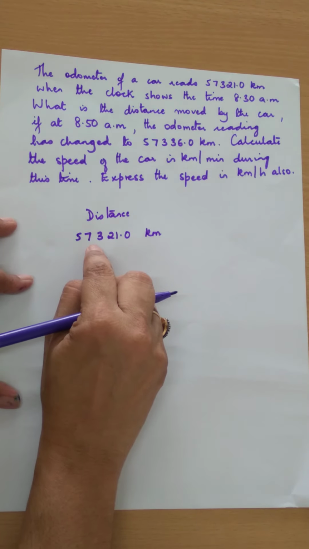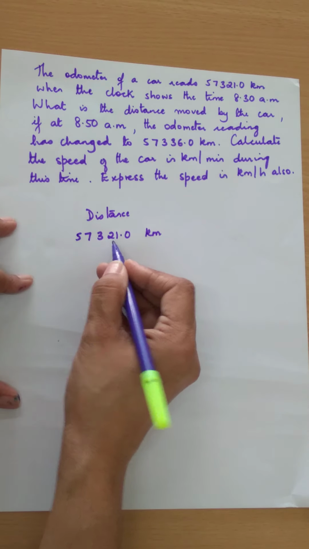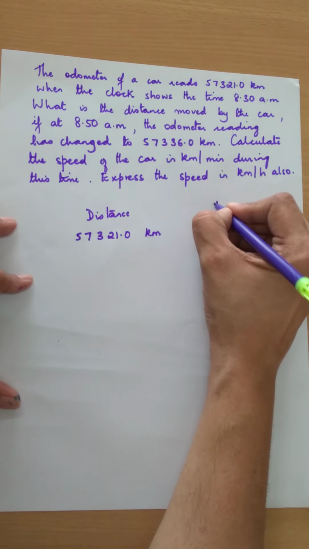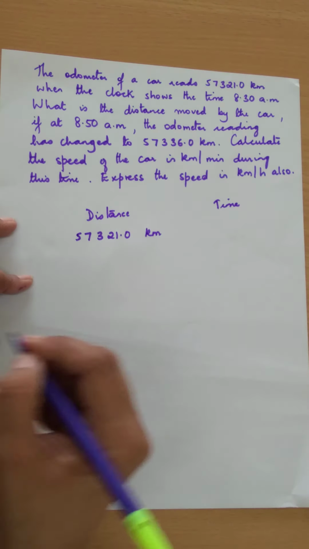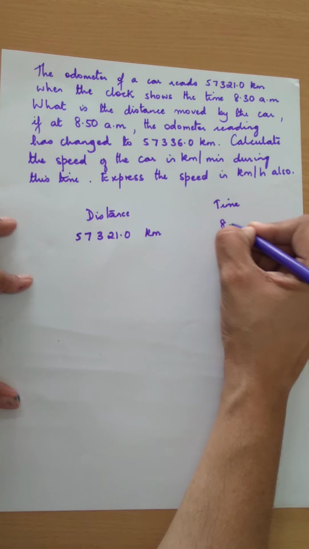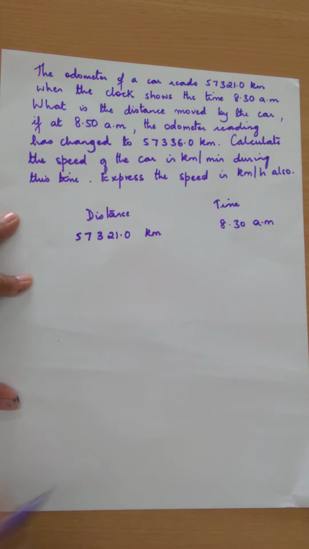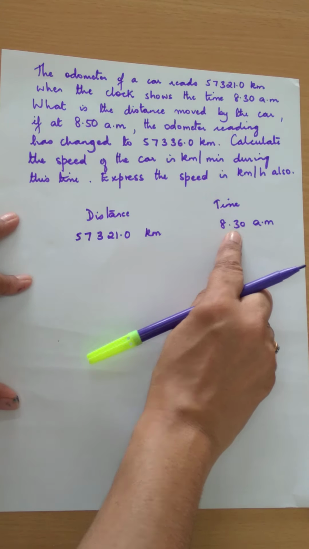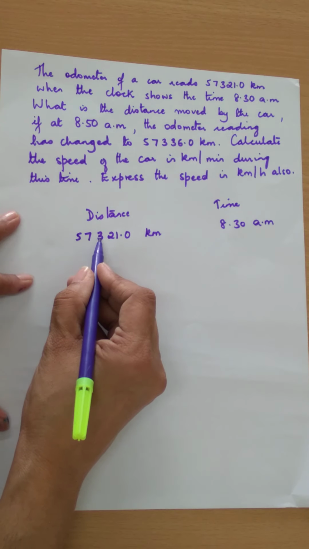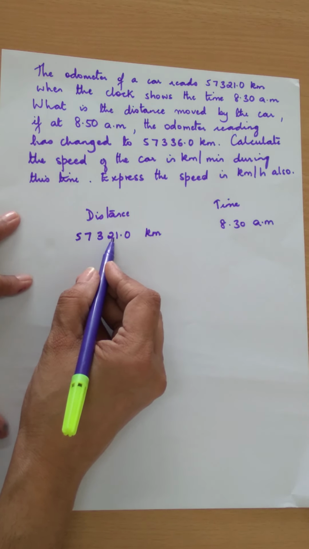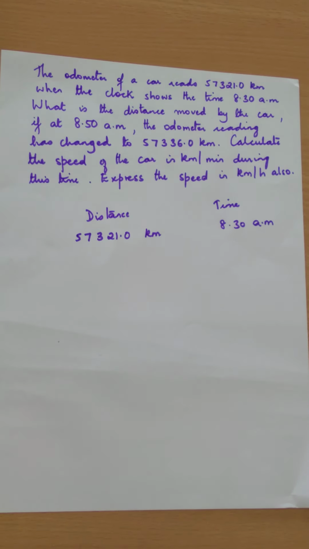At that time, the person notes down the time and it is 8:30. So the person enters the car, it is 8:30 at that time, and the reading on the odometer is 57,321 kilometers. Now the car starts moving.